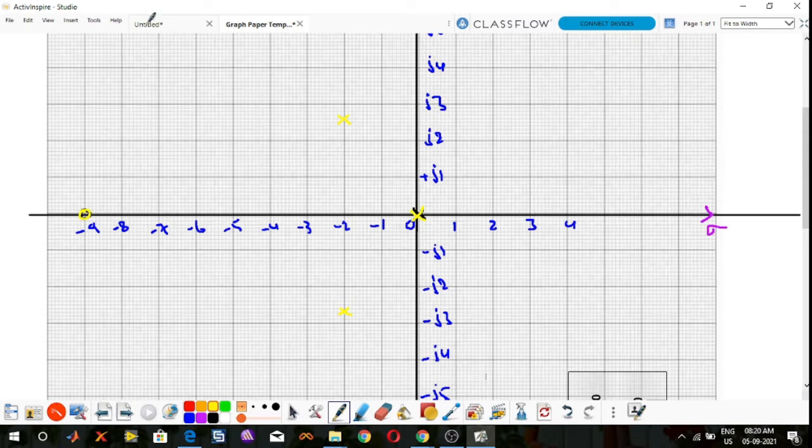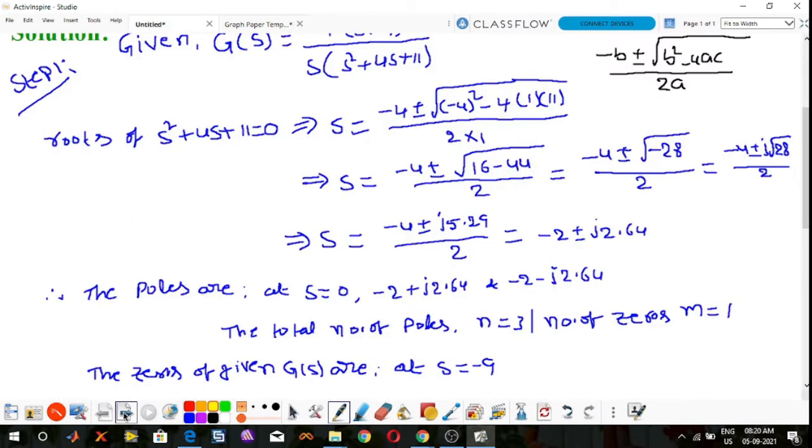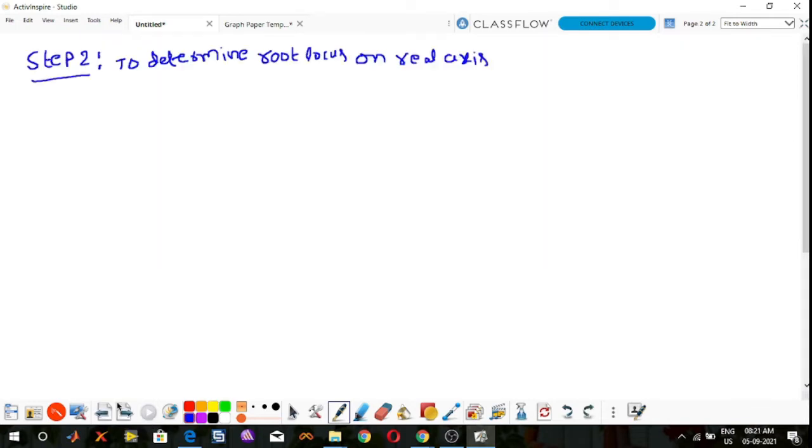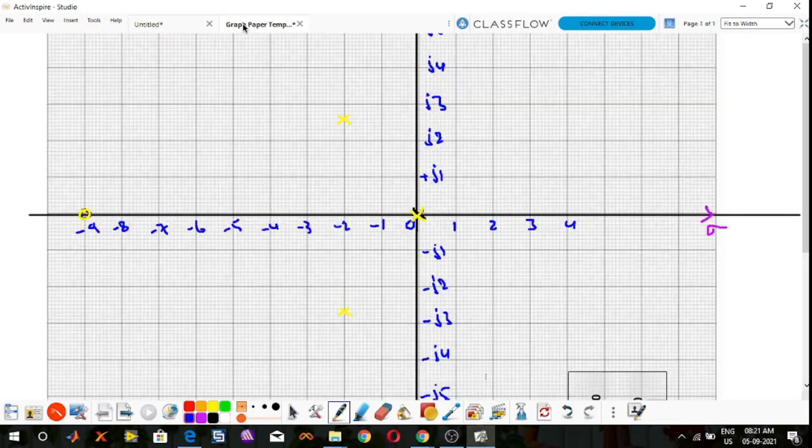Poles and zeros are represented in an ordinary graph sheet. And the second step is to determine the root locus branches, starting with the root locus on the real axis. On the real axis, one pole and one zero are there.